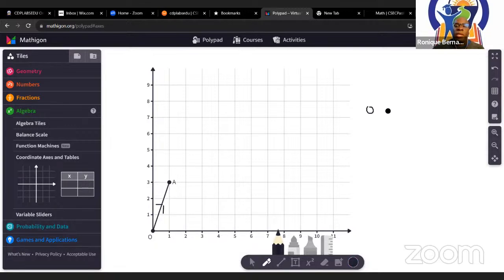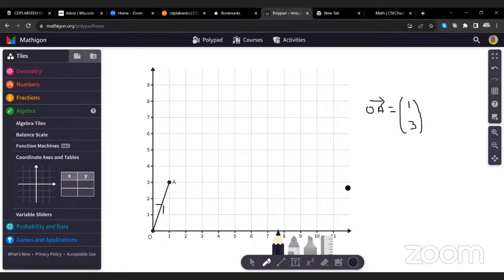So the vector OA: we're going across 1 on the x-axis, then we move up 1, 2, 3 on the y-axis. So everybody see that? So that is vector OA. You saw it, Yanni? Yes, sir.